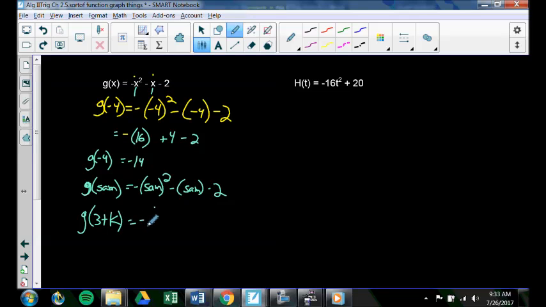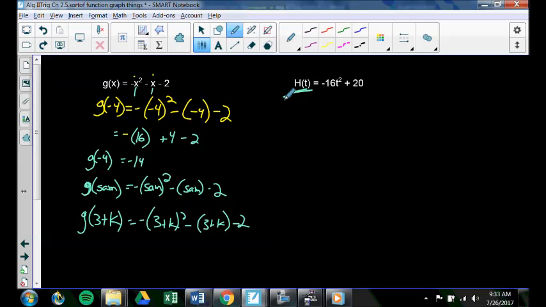So it would be negative 3 plus k squared minus 3 plus k minus 2. Now we would never do g of Sam unless we had some weird function defined where Sam could actually be an input, like maybe Sam got some points in a basketball game or something. But g of 3 plus k is very reasonable and quite common. They don't have to be f's and g's, they don't have to be x's.